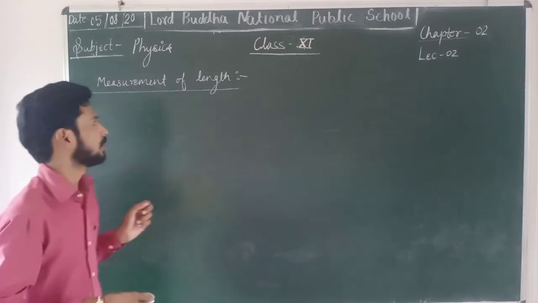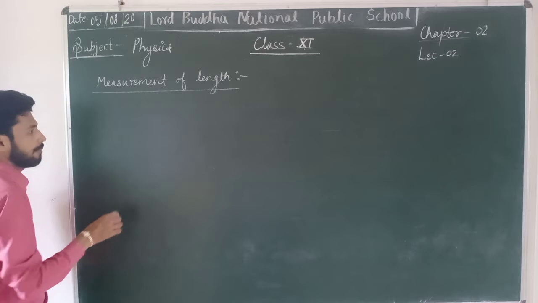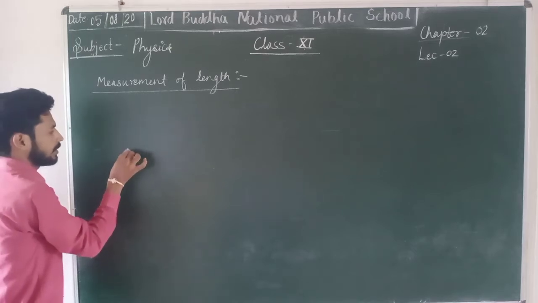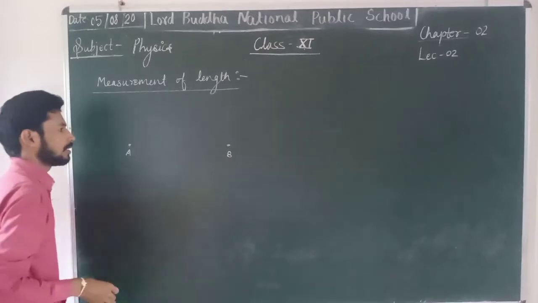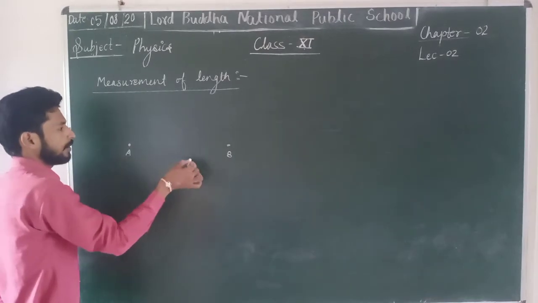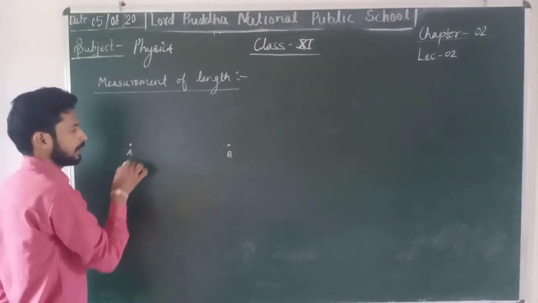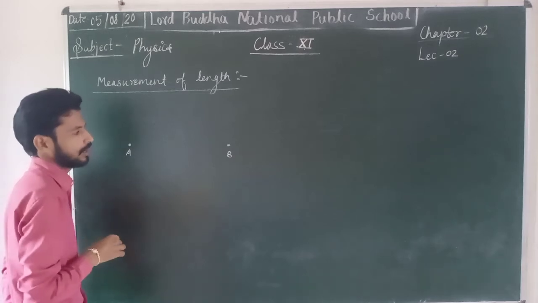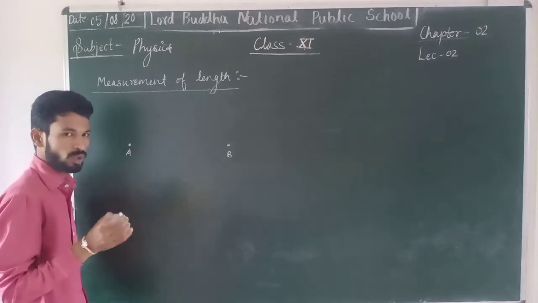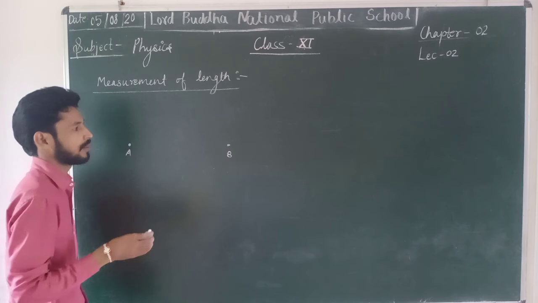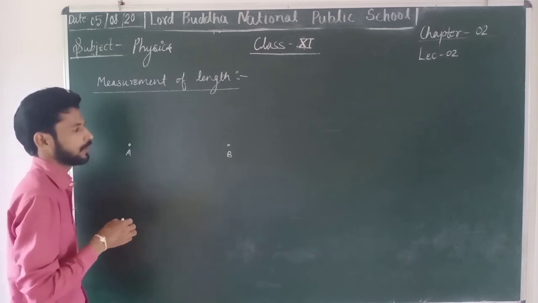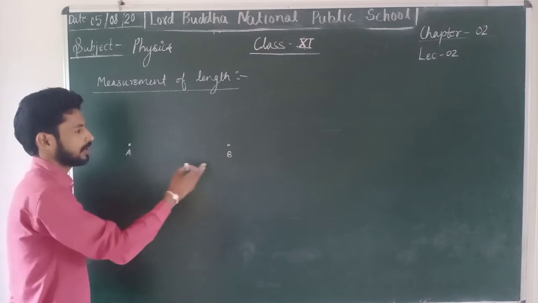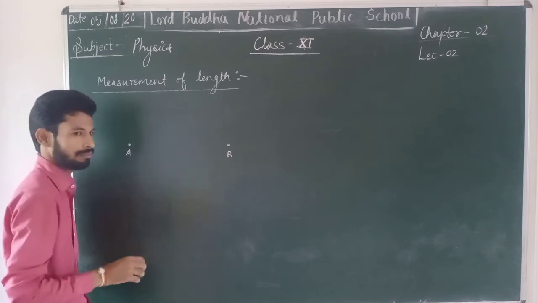Suppose there is a station A and the next station is B. How far is station B from A? We need to identify a unit that can represent the distance between stations A and B.